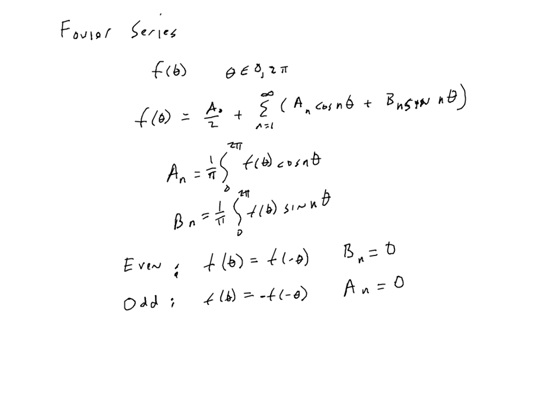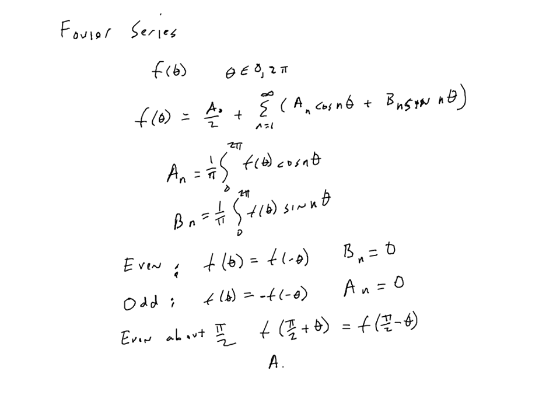And then you can look at whether or not it's even or odd around pi over 2, and that's going to determine whether you're going to have even or odd coefficients within the n's. So let's say we have even about pi over 2, then you have f of pi over 2 plus theta equals f of pi over 2 minus theta.